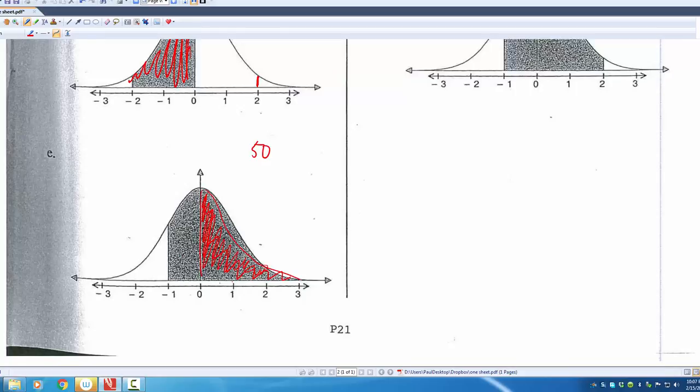Well, what do I know? I know that one standard deviation to the left and right of the mean is 68% of the values. So if I halve 68, I get this bit here, which must be 34. So I go 50 plus 34, which means that this covers 84% of the data.